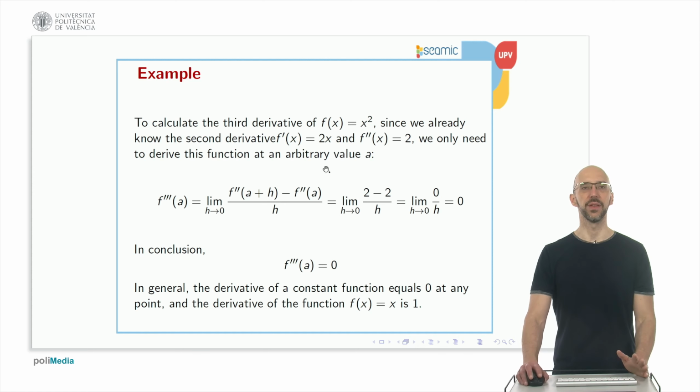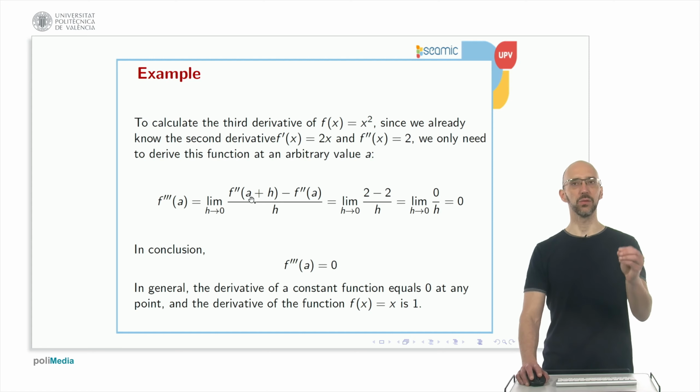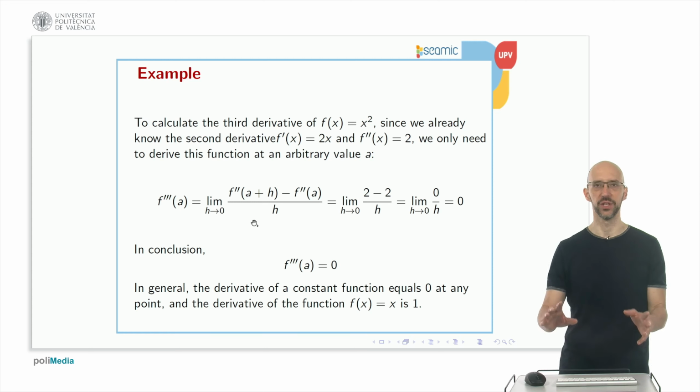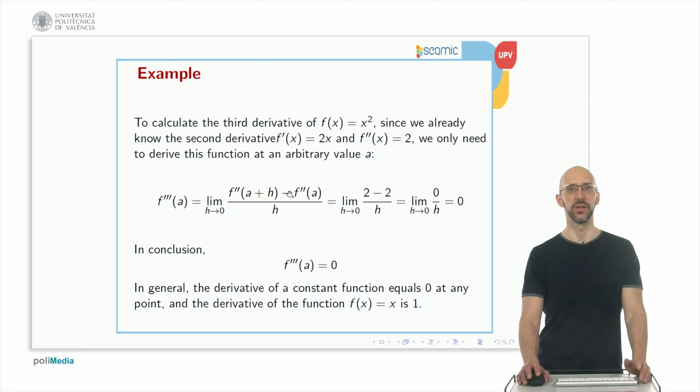The definition of the derivative is here. It was the limit of the function at the point you are trying to calculate the derivative plus h, minus the function at the point you are given, divided by h. But this is the definition. The only thing I just changed in this example is that since I'm calculating the third derivative, the function I'm using here is the second derivative function.